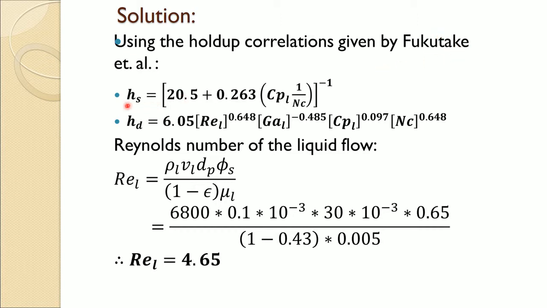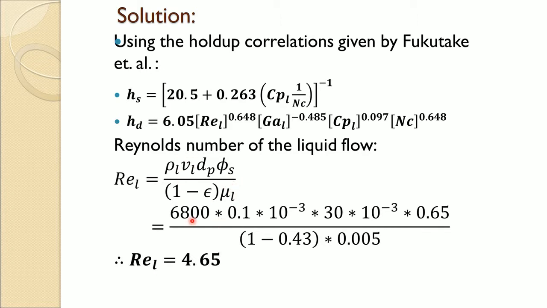Using that holdup correlation, what we have to do is calculate the Reynolds number, Galileo number, capillary number, and interfacial force. The Reynolds number in the packed bed is given by this, with the shape factor.